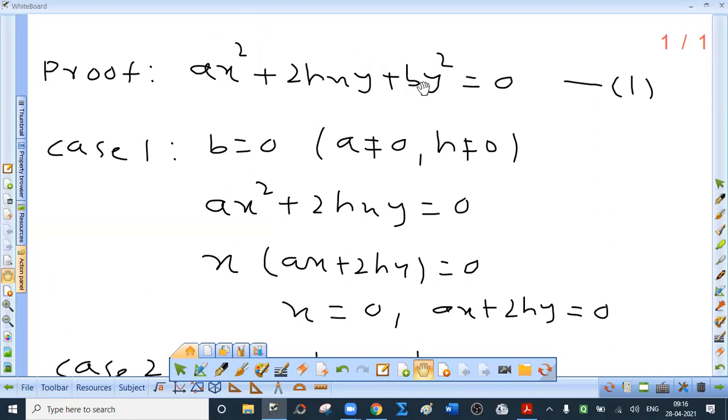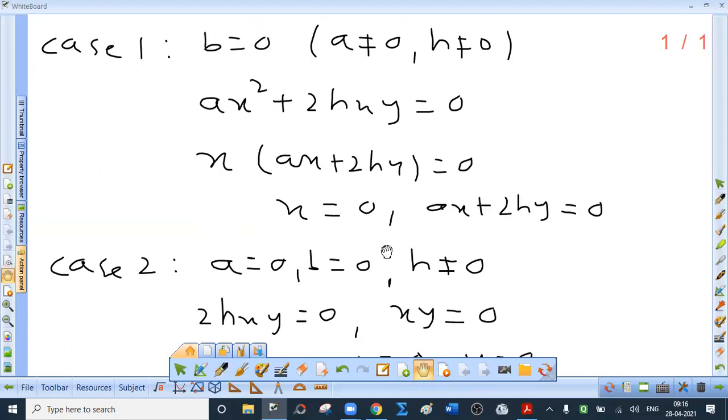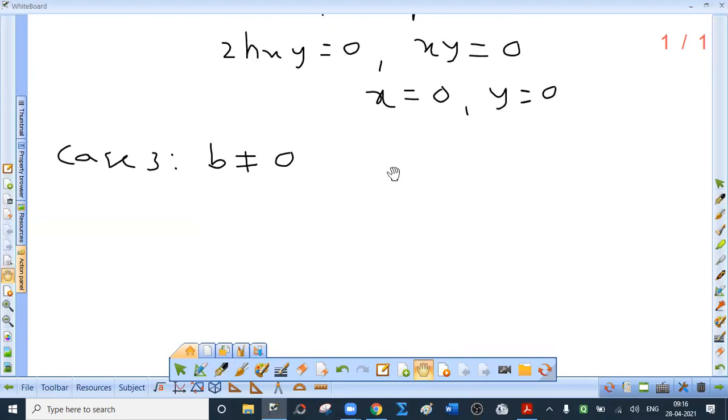So if I divide by b, I get y square plus twice hxy upon b plus ax square upon b. Is that clear?